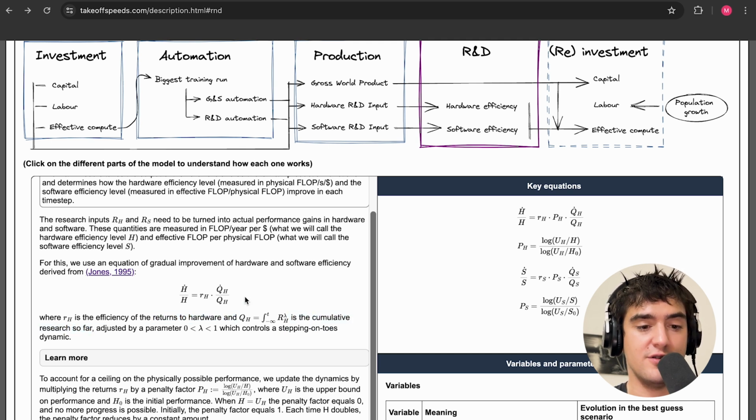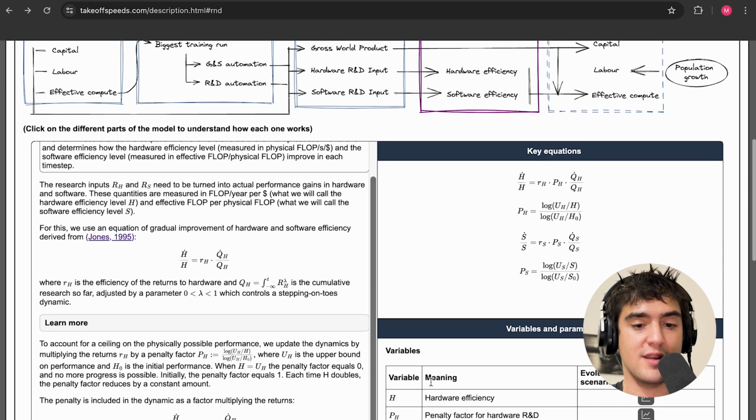So this is QH, and the difference between your cumulative research progress and your actual hardware efficiency depends on a parameter that is returns to hardware.